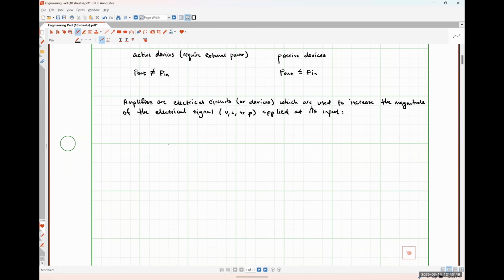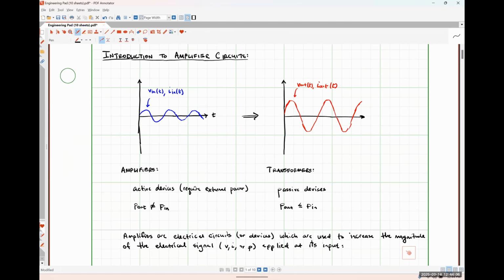Yes, Joshua. In your representation, your output is greater than your input, like for what you drew. So the magnitude of that voltage or the magnitude of that current is definitely larger. The power would depend on loading and things like that.